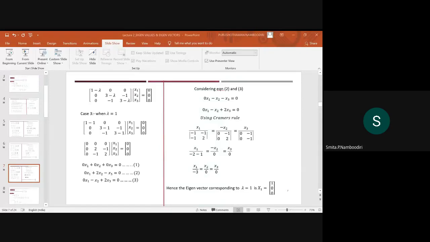Now when lambda equal to 1, put lambda equal to 1 there. So 1 minus lambda. So 1 minus 1, 0, 0, 0, 3 minus 1, minus 1. Putting lambda equal to 1. Everywhere lambda equal to 1. Again, we will get 3 equations. Write down those three equations and calculate the values of x1, x2.